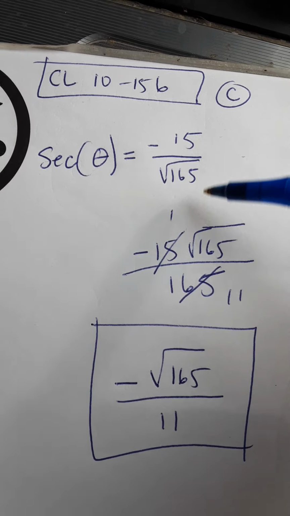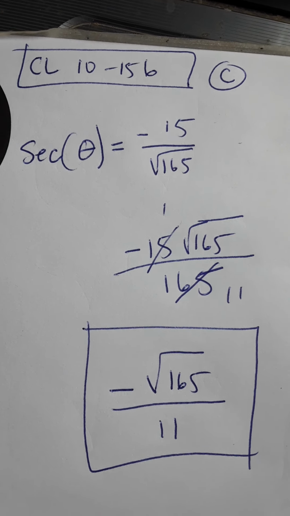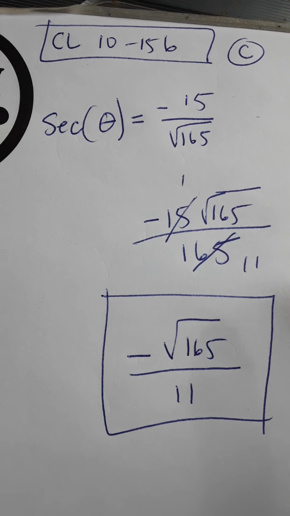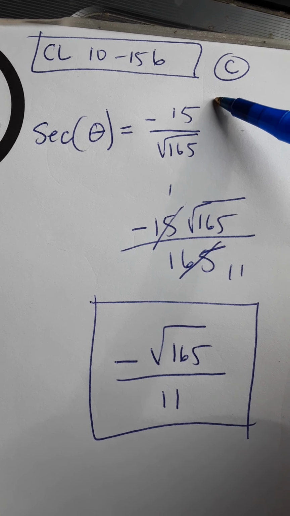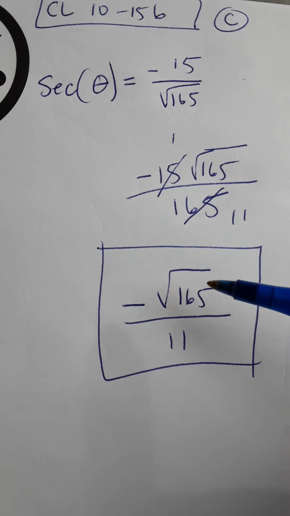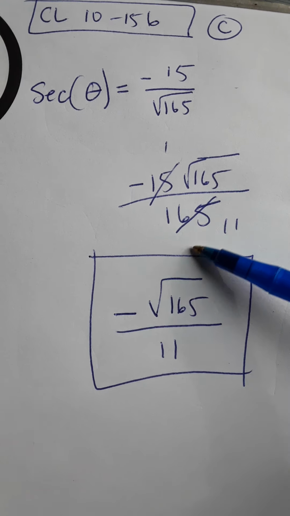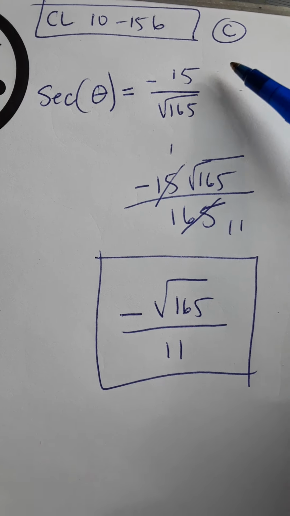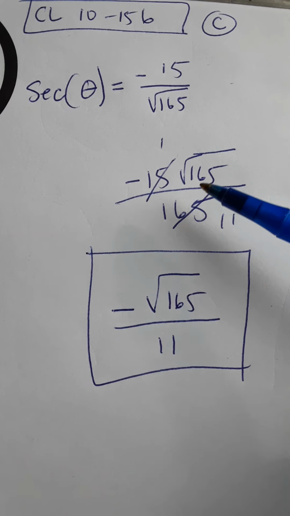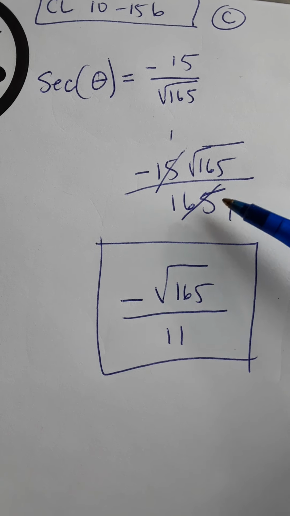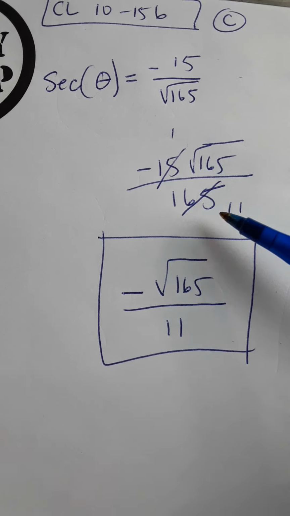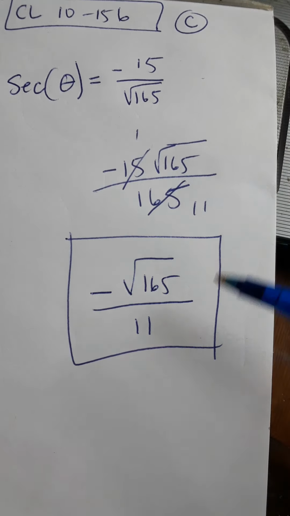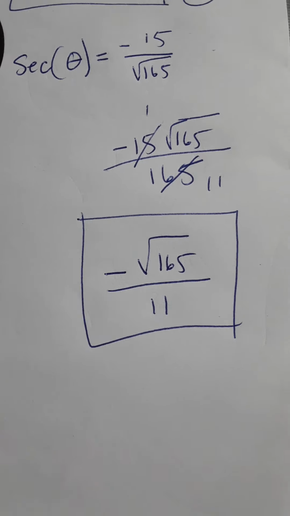I multiplied on the top and the bottom by root 165, and I ended up with square root 165 over 165 down there, and it turns out 15 times 11 is 165, so you can reduce that fraction. And that's it.